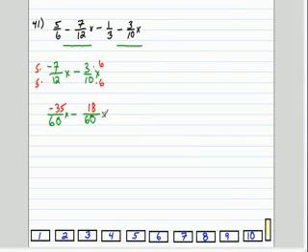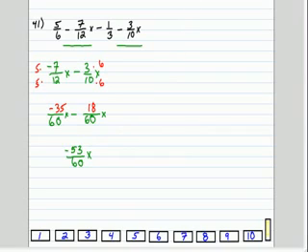You can work either with the coefficients, or it's kind of handy to keep that variable with you too, so you don't forget to write that. Both of these are negative now, meaning that I'm really going to add them together. I'm going more negative. So I have a negative, what's 35 plus 18? A negative 53 over 60. And x.